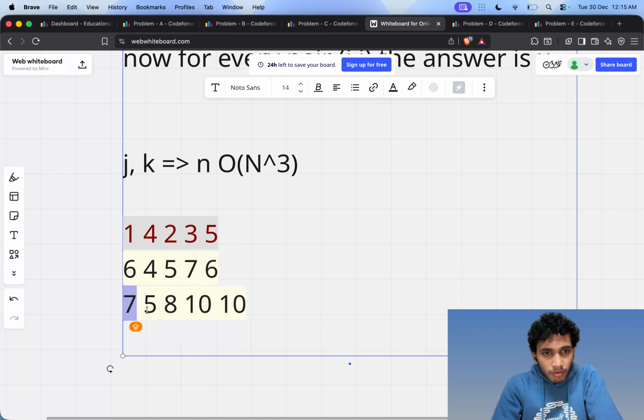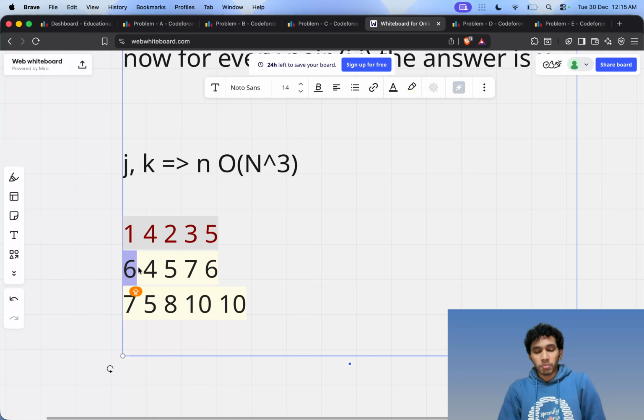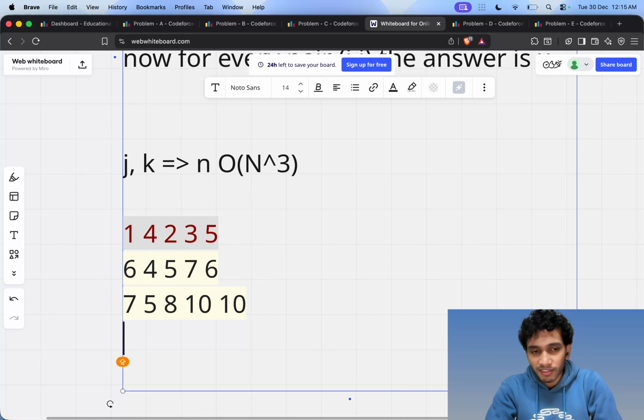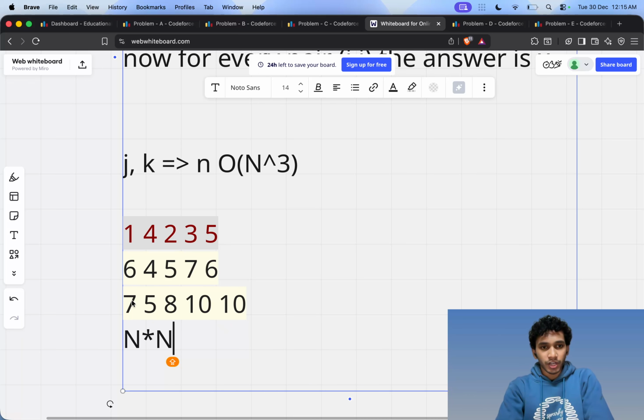This is an option, this is an option, this is an option. Every possible index is an option for each j. So there are total n into n combinations. We can choose 1 comma 2, 1 comma 3, 3 comma 1, 2 comma 1, anything for j and k.